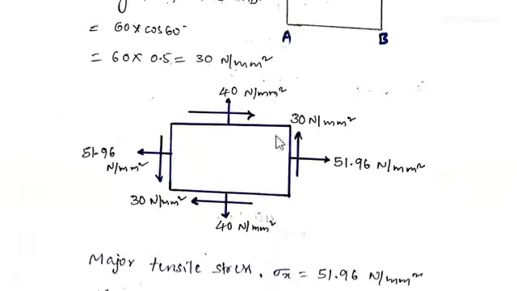We are just assuming theta is the angle that one of the principal stresses makes with this 40 Newton per mm square, that is, one of the major principal stress locations with respect to this 40.